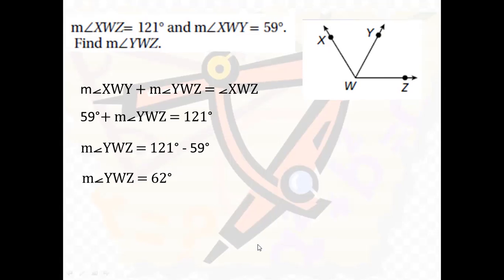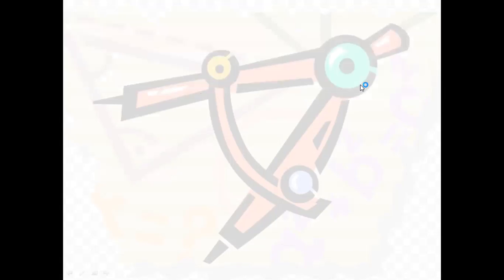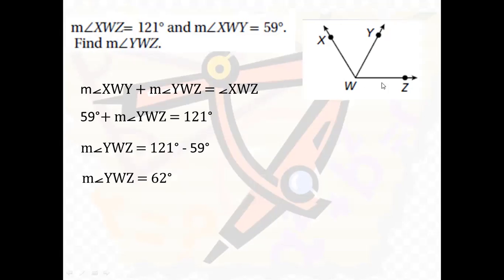Angle XWY is 59. So one of the small angles is 59. Find angle YWZ. So again, we have to find the smaller angle. They gave us the measurement of the bigger angle, and they also gave you one of the small angles, right? And then you need to find the measure of the other small angle.